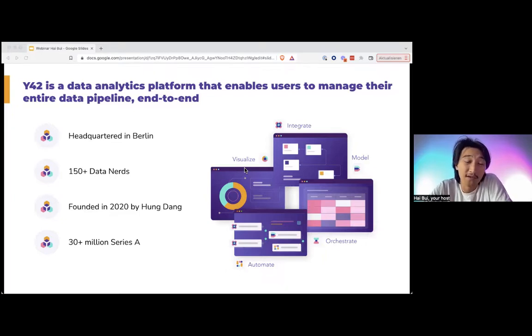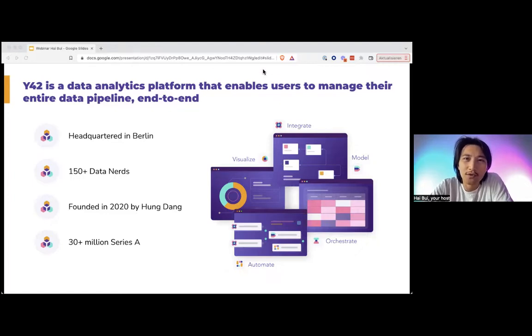The company was founded in 2020, two years ago, by Hung Dang, our CEO. Until now, we've raised a seed round and a 30+ million Series A round. And at the moment, we're building the second version of our app.